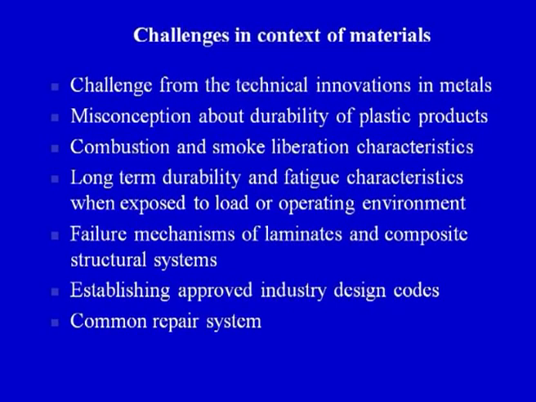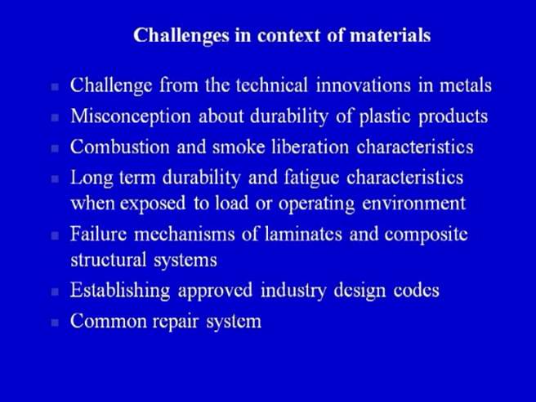Failure mechanisms of laminates and composite structural systems. For a metal, everybody knows, anybody who has studied engineering knows, that if a load is acting on a material which is a metal, how it is going to fail. Whereas in case of composites, it is not clearly understood because the composites have anisotropy, the properties are different in x, y and z direction.